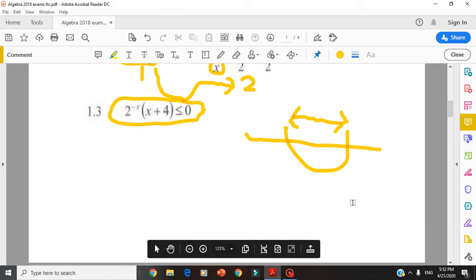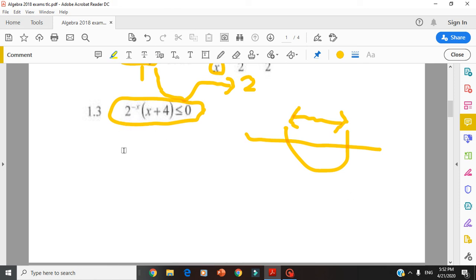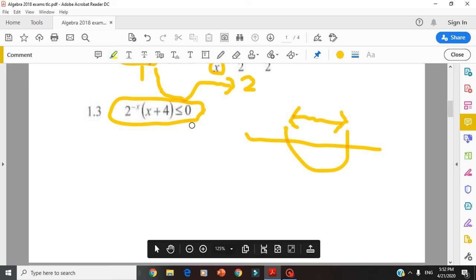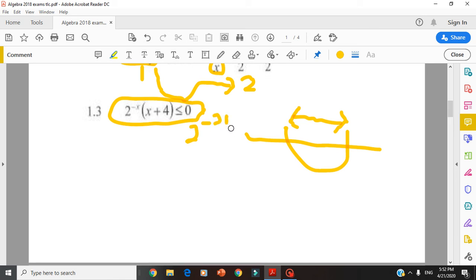We cannot say that we're going to have one solution because we note that 2 to the minus x is always positive, but this is less than or equal to 0. So for this inequality to hold true, we need to remember that 2 to the minus x is greater than 0, whilst this remains less than or equal to 0.